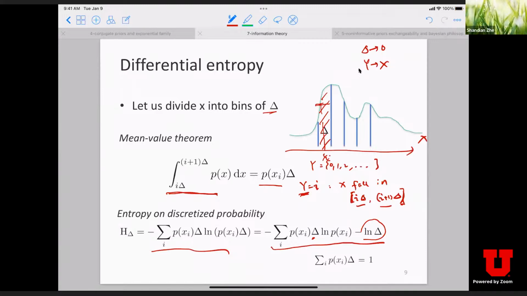So if you want to integrate f of x times g of x, what you need to do is partition the domain of x into many small bins. Then for each bin, I can pick an arbitrary function value in this bin and multiply it with the bin size delta and with the integrand g of x.